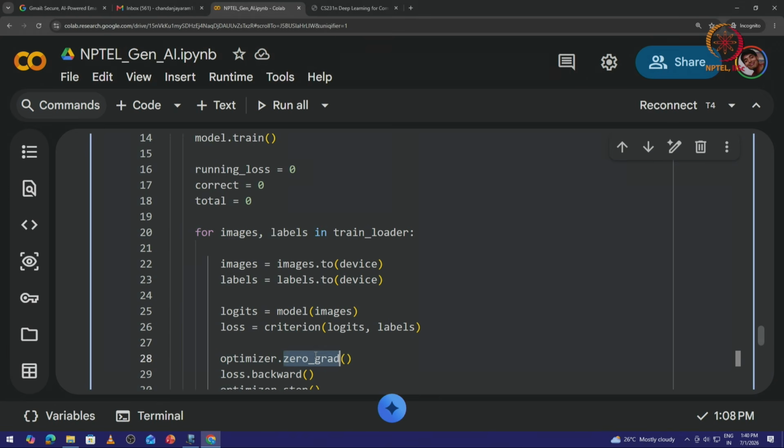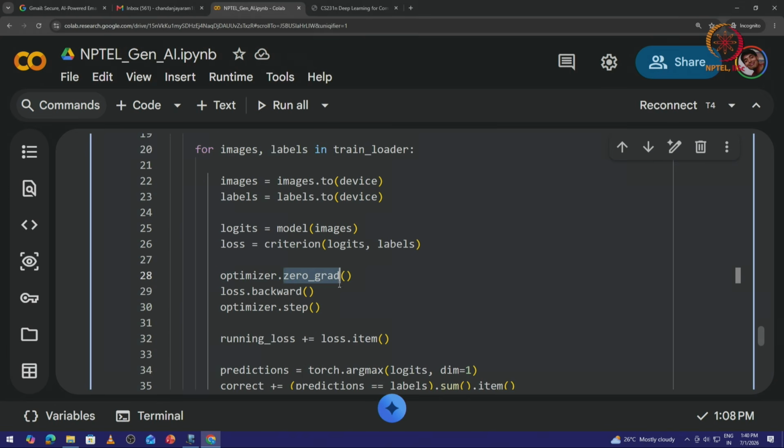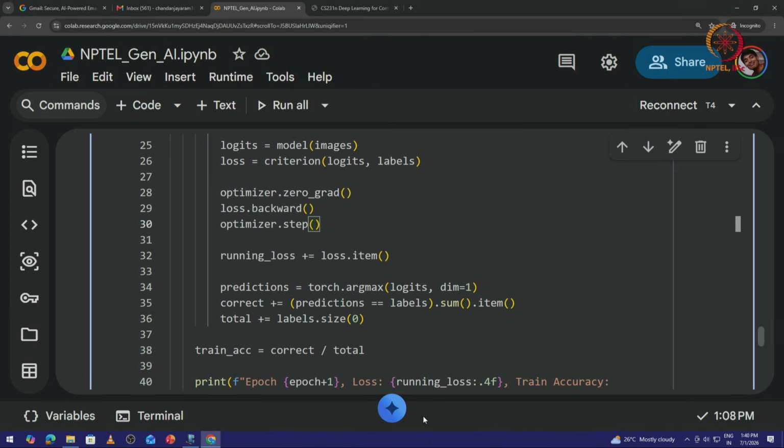Then optimizer.zero_grad clears off the previous gradients. loss.backward computes the gradients for the new batch, and optimizer.step updates the weights based on those gradients. Then the running loss and prediction are the same old story.